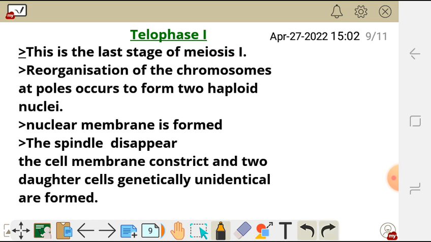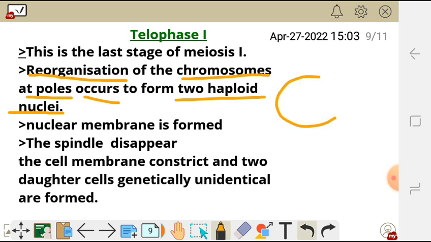Telophase 1 is the last stage of meiosis 1, and what happens under telophase 1 is the reorganization of the chromosomes at the poles to form two haploid nuclei. Like one is nucleus and two is nuclei, so two of them are formed, and another thing is that the nuclear membrane is formed.